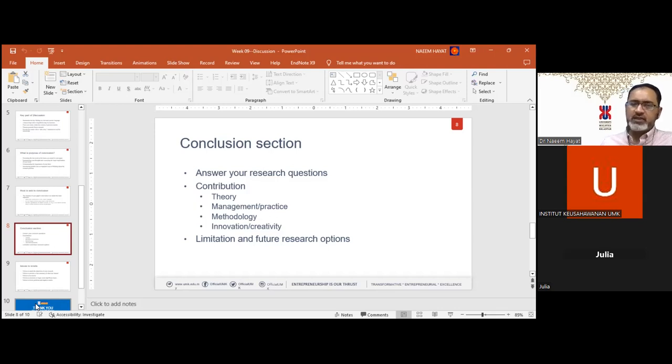These are the 3 major sections that we need to cover in the conclusion section. But accordingly, if the journal's requirement is different, we take all the contribution and limitation into the discussion section, and we have only a very precise paragraph in the conclusion section answering the question, maybe 10 or 20 lines, according to the journal's requirement.